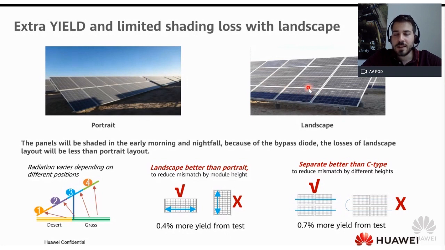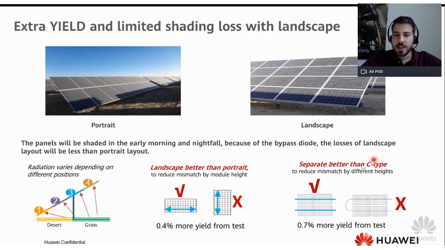So in case you are using landscape, you will have larger yield only because of the structure of the panel. Based on our testing with landscape, you can also reduce the module mismatches because of the shadow.